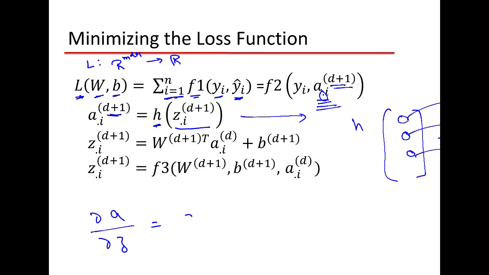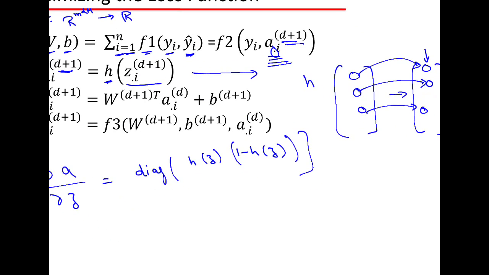This will be a diagonal matrix of H of Z, if it is a simple sigmoid type activation function, and 1 minus H of Z. And what do I mean by diagonal here? Z is a vector.